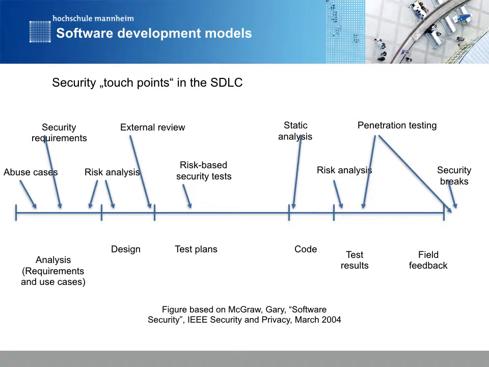Then they've integrated an external review, so someone external to the team should actually look at the software and maybe see things that you won't see if you're working day to day with specific aspects. They would write test plans, and this is a good thing. They write test plans well before coding, and they add risk-based security tests here.